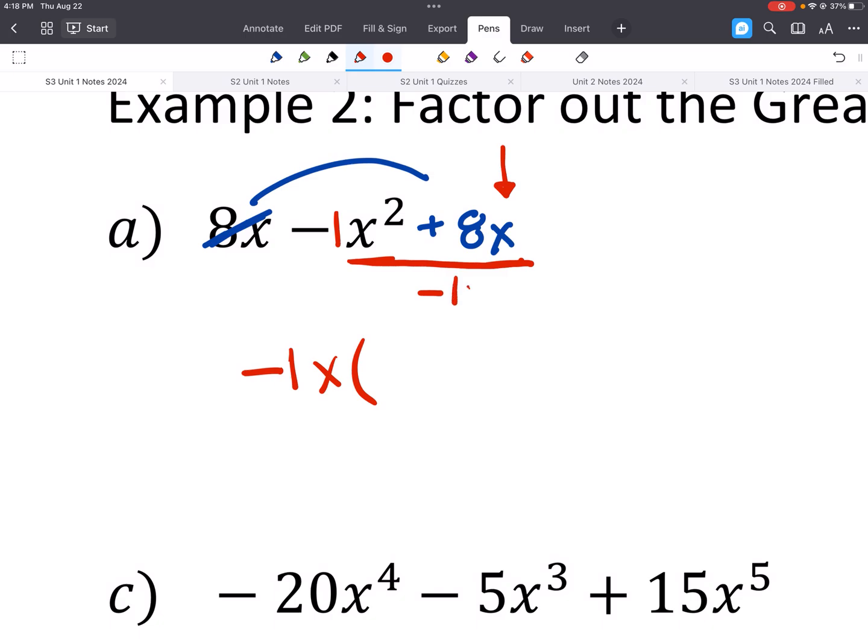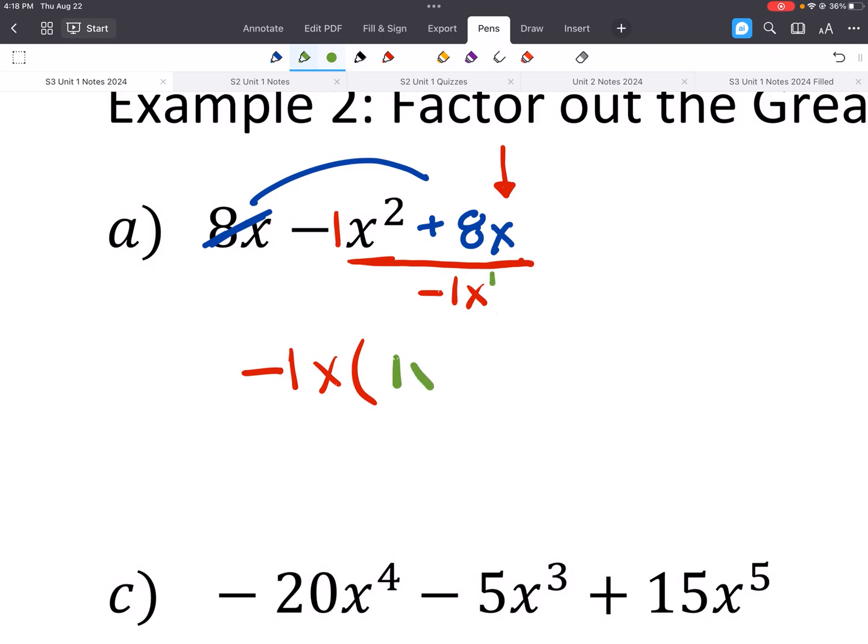So we need to divide all the terms by that greatest common factor. So here we have a -1 divided by -1. That would give us 1, okay? And then we could divide the x squared by x. Again, when we divide variables, we can subtract their exponents.